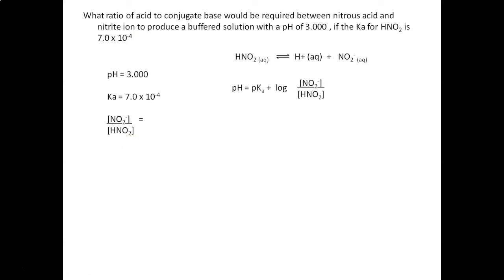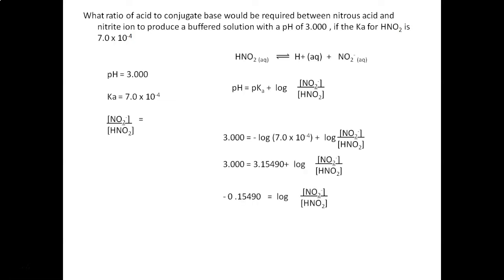Using my Henderson-Hasselbalch equation, I substitute our values in, and then we follow the math through. Therefore, the concentration of my conjugate base divided by the concentration of my weak acid is equal to 0.7. Any combination of those concentrations will give me a pH of 3 for my solution.